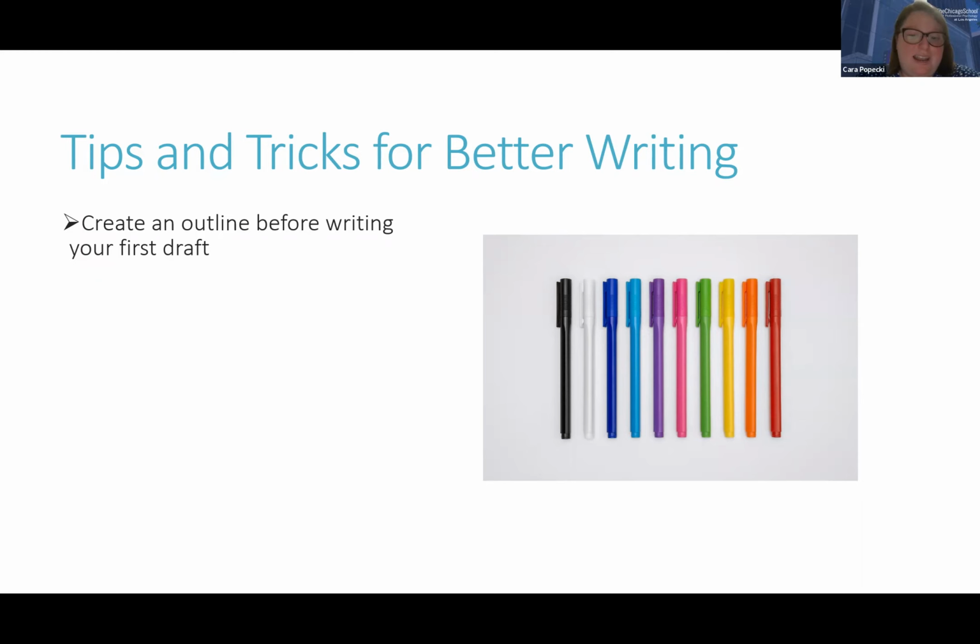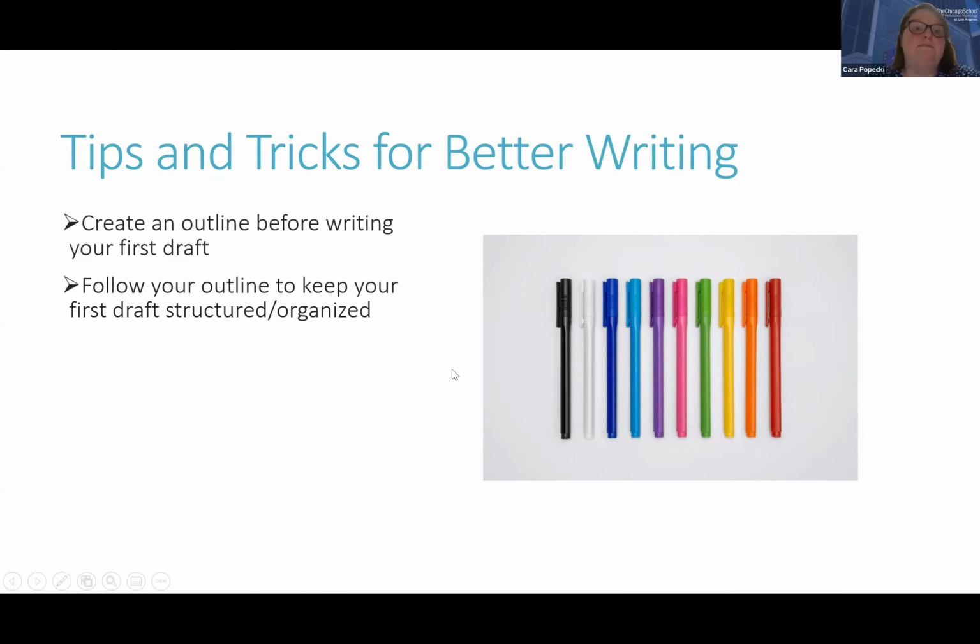It's also got the headings and subheadings figured out for you. So I love outlining before writing. I think it's especially important at the Chicago School. It can really help you logically organize your paper and help you come up with the ideas for your paper before you actually start writing. So it's a lot less daunting than looking at a blank page. So that's my first major tip.